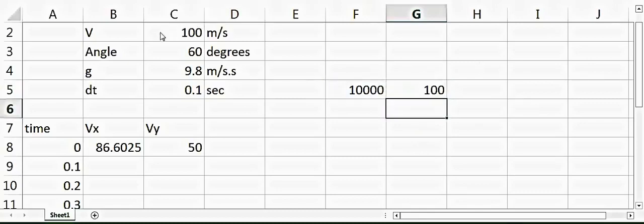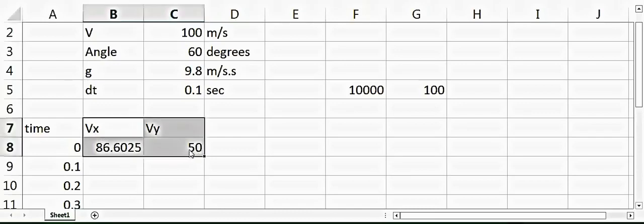So that means we have done it correctly, because sine square plus cos square is equal to 1. So here the square root of the sum of the squares of the velocities in x and y direction should also be 100.